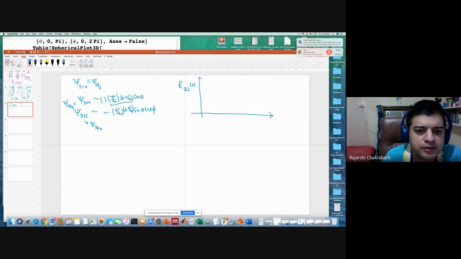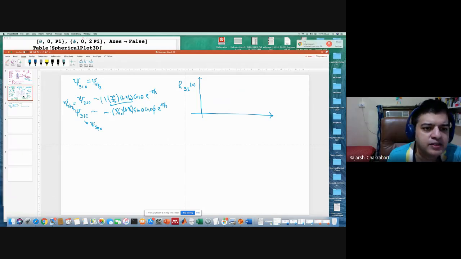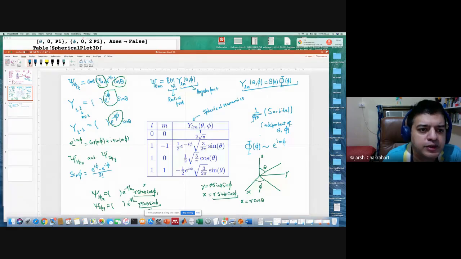It has exponential of minus sigma by 3, while it is sigma by 2 in the 2p case. You should not forget this. It is difficult to remember, but minus sigma you'll remember. So here also we have a 2 sitting here.